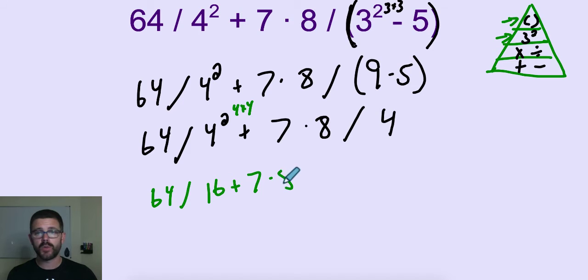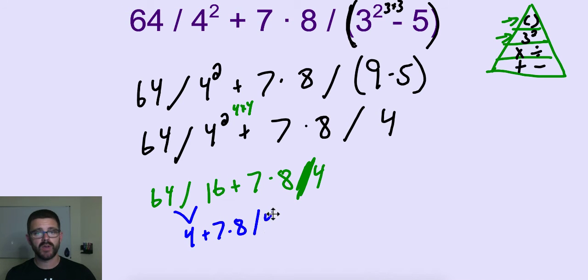And yeah, some of these longer problems are going to take quite a bit of work. That's okay, but I still want to see that work step by step by step. Oh, sorry, this should be a slash for division then. I'm done with exponent, so now I'm going to multiply or divide. In this case, I do whatever comes first. Division came first. 64 divided by 16 is 4, plus 7 times 8 divided by 4.